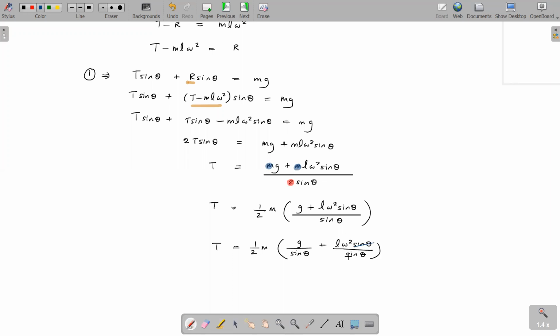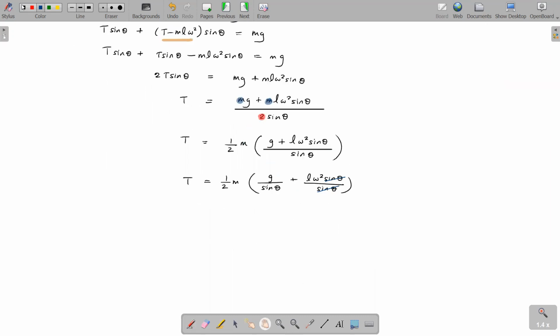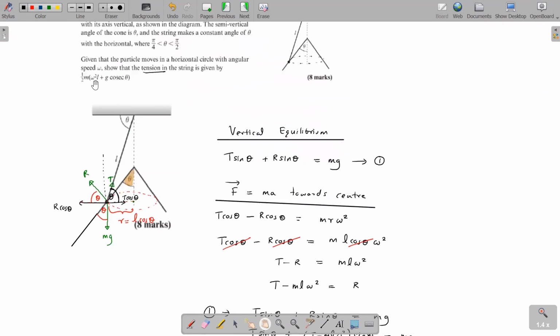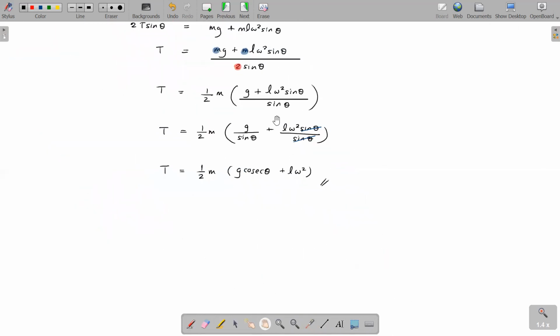The sine theta cancels out. T equals half m, g over sine theta, and 1 over sine is cosec, so g cosec theta plus L omega squared. That is L omega squared plus g cosec theta, times half m.